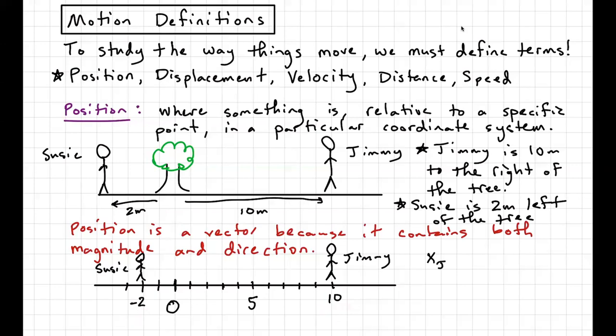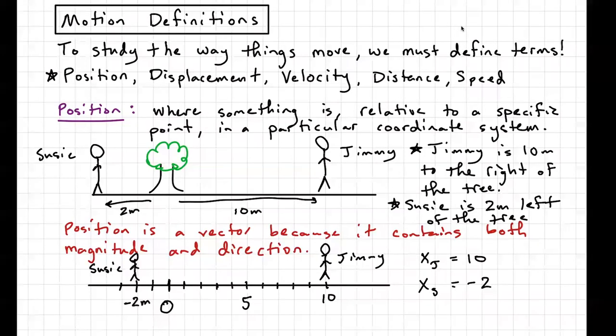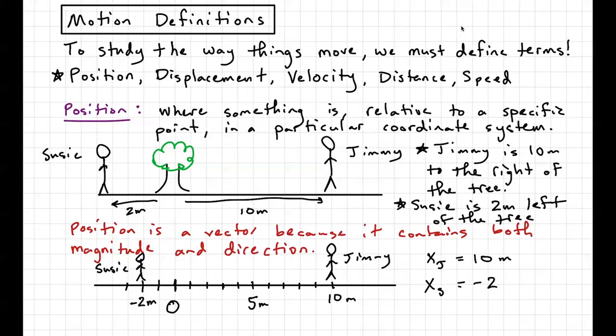The x position of Jimmy is 10, and the x position of Susie is -2. Typically, I could be talking about meters here, so I'll give these units. We'll say the position of Jimmy is +10 meters. The position of Susie is -2 meters in the coordinate system that we've chosen.